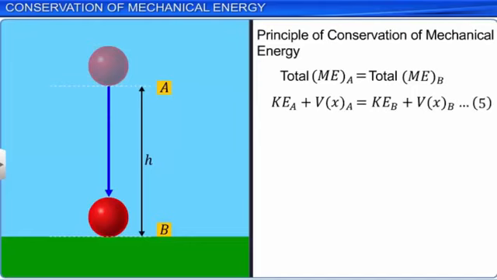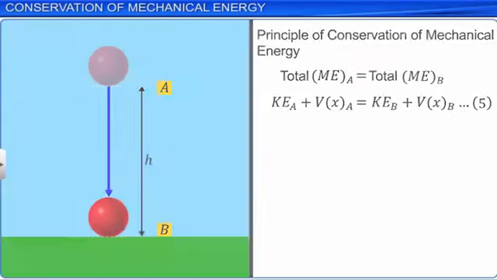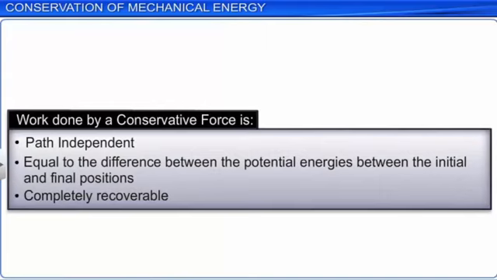From the above discussion, we observe that work done by a conservative force is path independent. It is equal to the difference between the potential energies of the initial and final positions and is completely recoverable.